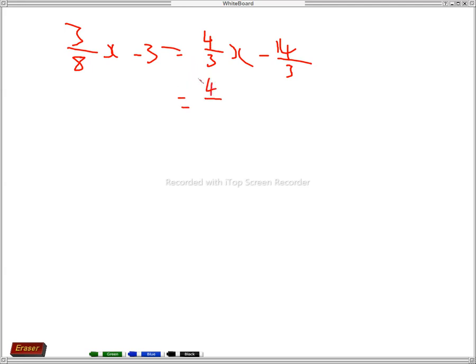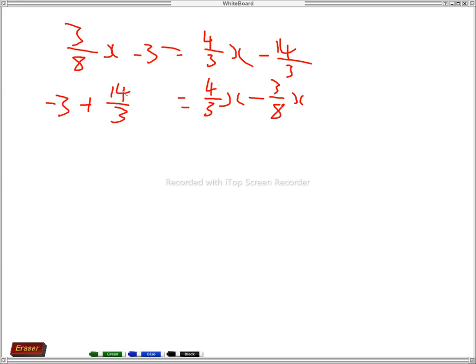I'm going to say 4 over 3 x minus 3 over 8 x, and then here I'm going to have minus 3 plus 14 over 3. So let me punch this into my calculator. It's 4 over 3 minus 3 over 8.